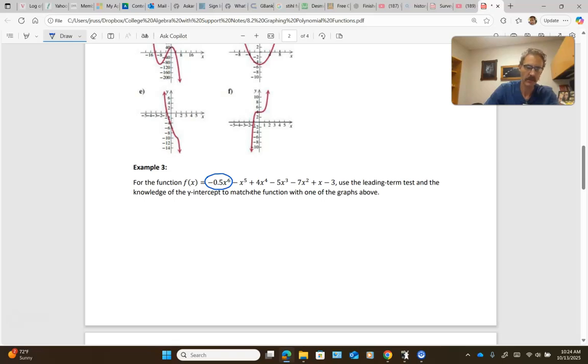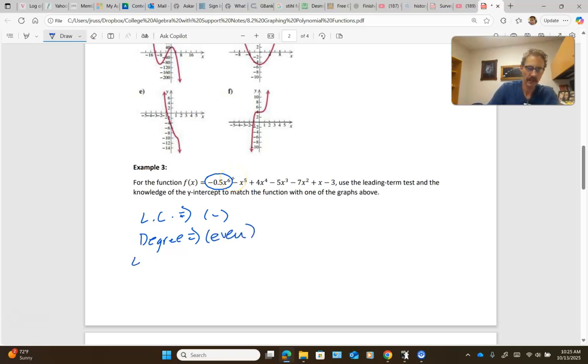Alright, so the leading coefficient then will be that negative 0.5. Okay, so in other words, the leading coefficient is a negative number. And then the degree of the function is 6, which is an even number. Okay.